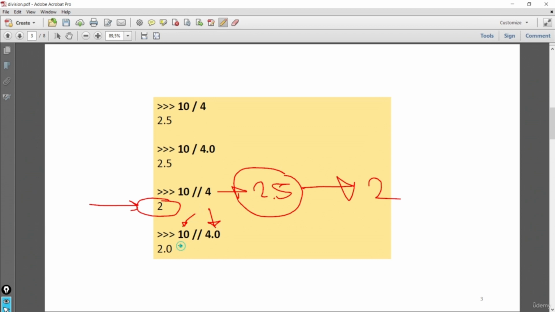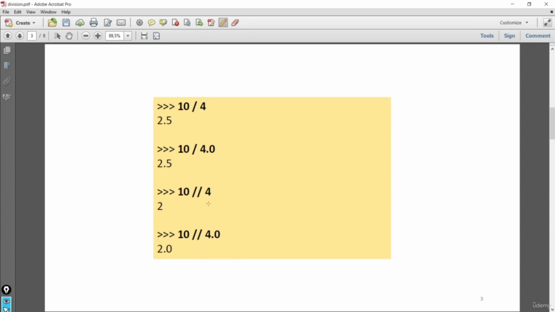The result is again 2, but in this case the result is the floating point number 2.0. Okay, if one of the arguments is a floating point number, the result is a floating point number. But for classical division, the result is always a floating point number, irrelevant of the argument types.